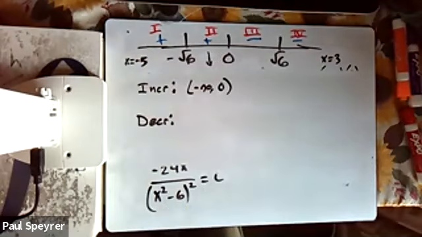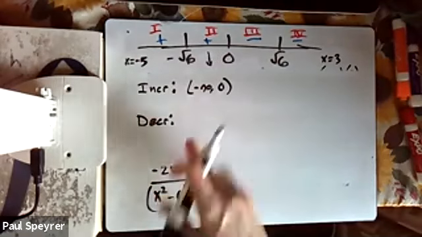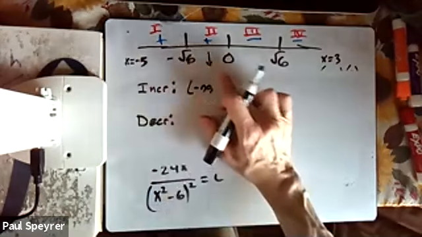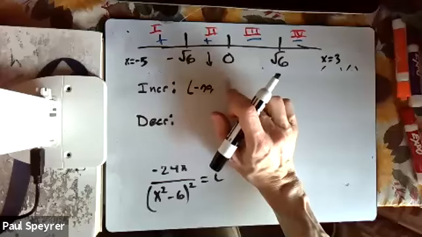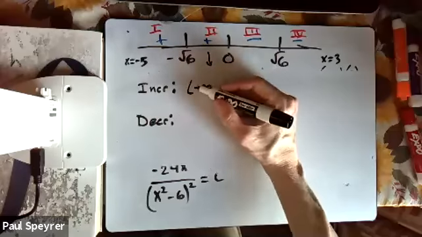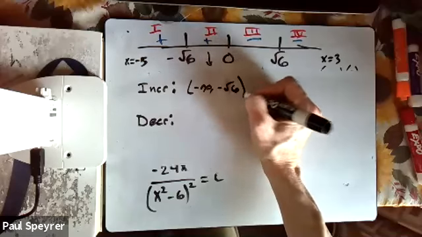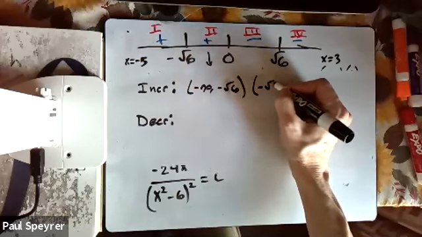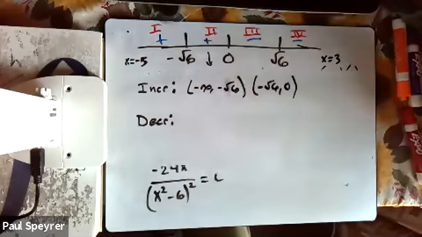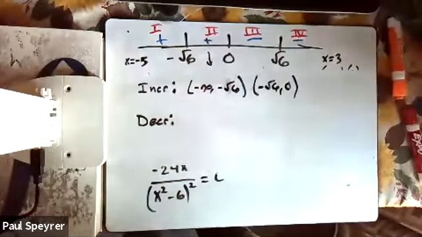Because when you have values that make the function undefined, you have to stop at those particular values, meaning I have to go from negative infinity to negative root 6, and then negative root 6 to 0. So be very careful with that.